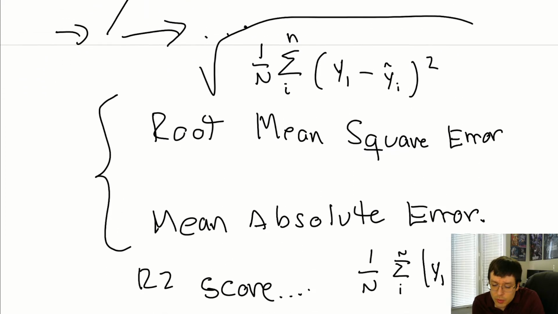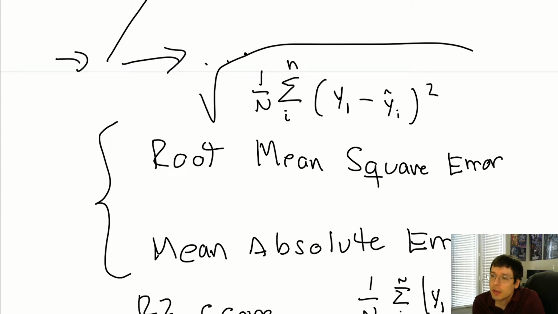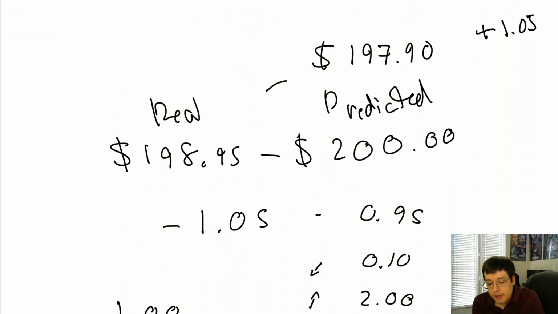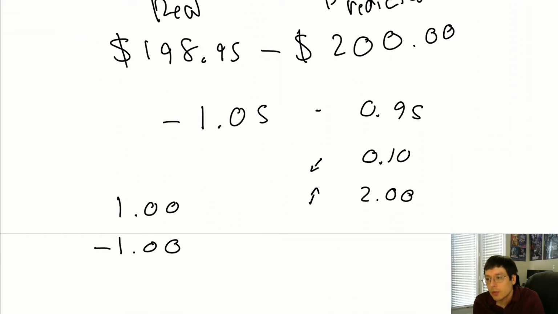On the root mean square side, instead of doing absolute value, another trick that you can do to avoid this plus and minus issue is to square the number, because the number times itself is going to cancel out any negative numbers, right? So in this case, if we get a 1, 1 squared is 1.